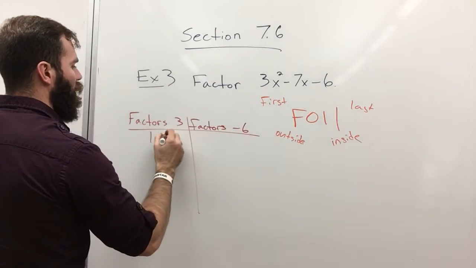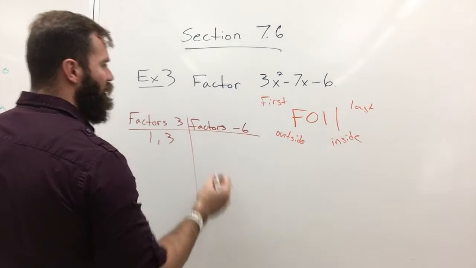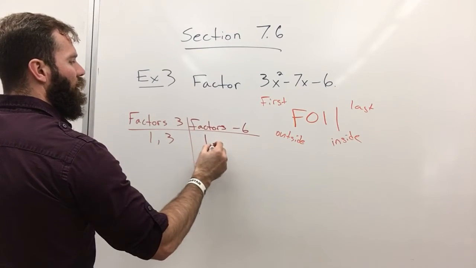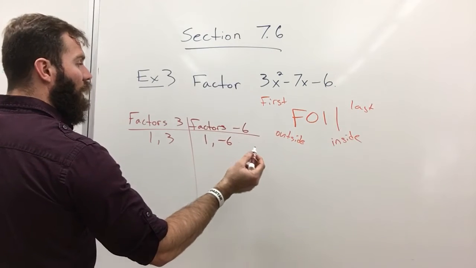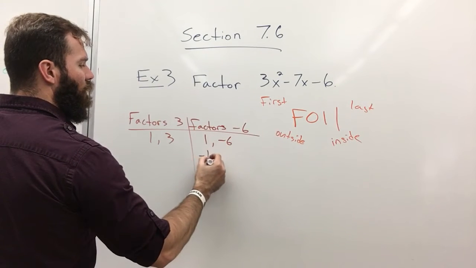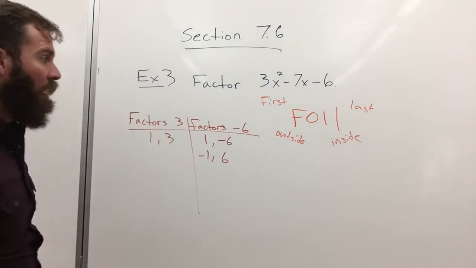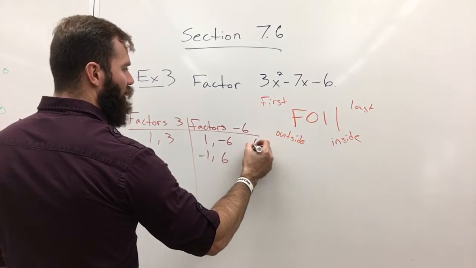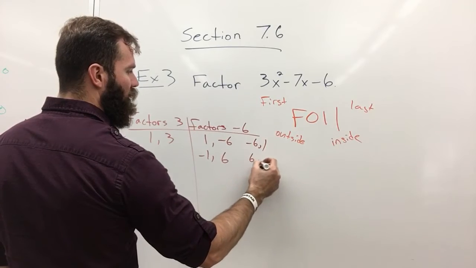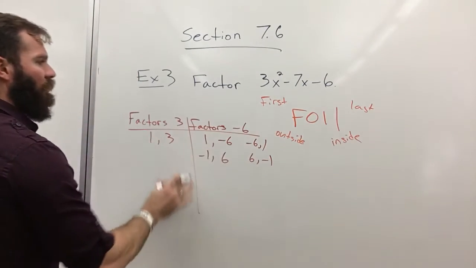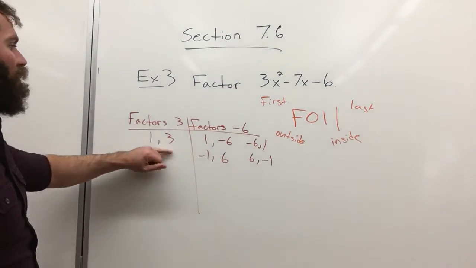So we have 1 and 3. Now 6 is going to be 1, negative 6, or it could be negative 1, positive 6. And again, these could also be flipped. It could be negative 6, 1, or 6, negative 1. These are all the different combinations, just with the factors of 1 and 3.